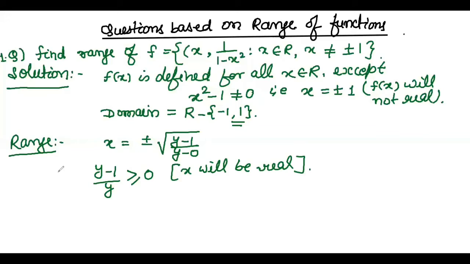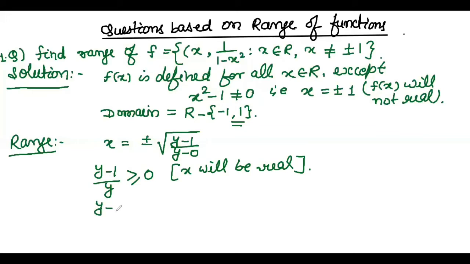Now, whenever we get a form like that, there is a particular pattern. The pattern is that we have to make the denominator part positive. This means we multiply numerator and denominator by y.